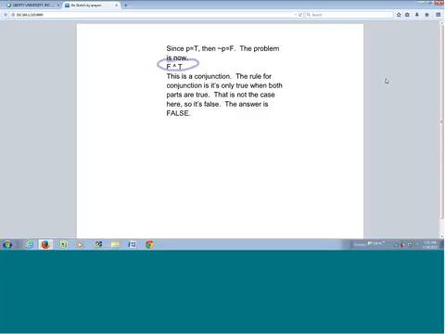And to figure out the answer, I have to go back to the rule for conjunction that it's only true when both parts are true. And we don't have that here because we have a false part, so the answer is false. But notice I worked it in pieces. I started inside the parentheses first, find out that truth value, and then move on to the conjunction.